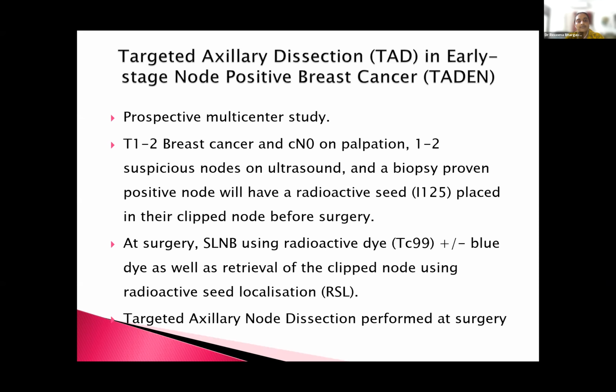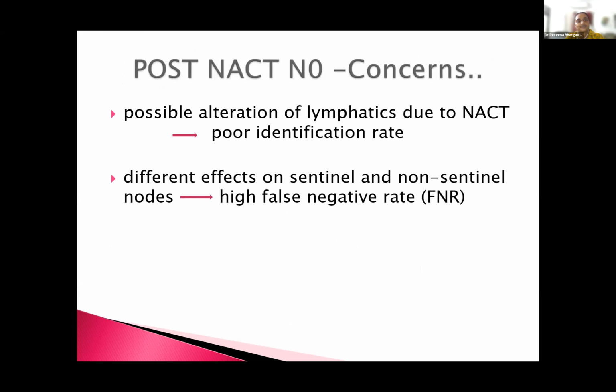They implant a radioactive seed, iodine 125, in the clipped node before surgery. At the time of surgery, both the sentinel node, using either blue dye or technetium for radioactivity, as well as the clipped node are retrieved. Then they are trying to ascertain whether the rest of the axillary clearance can be avoided in these patients.